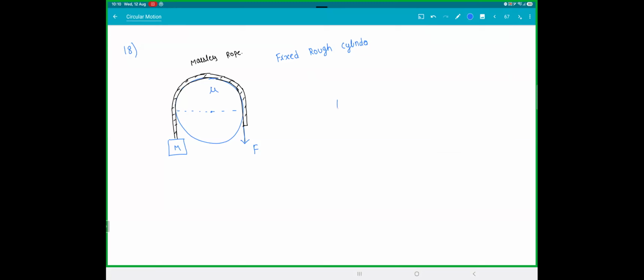It's not smooth. So find F if the block is at rest. This is more of a friction question. But he always handled smooth pulleys. This is rough. Let's give it a try.